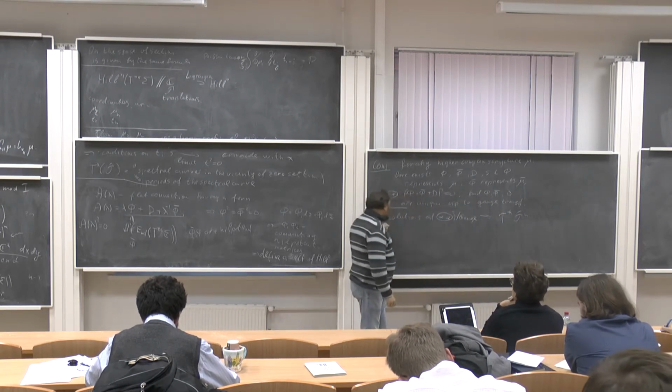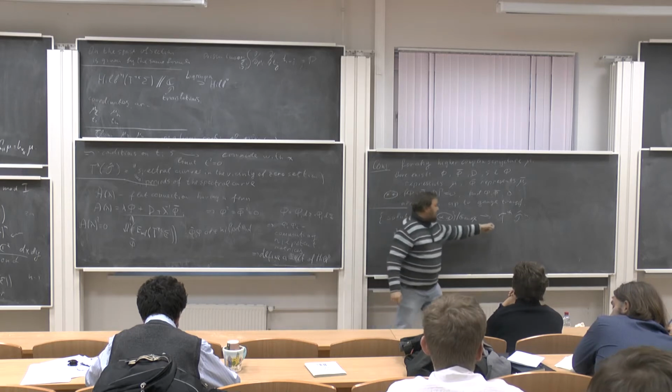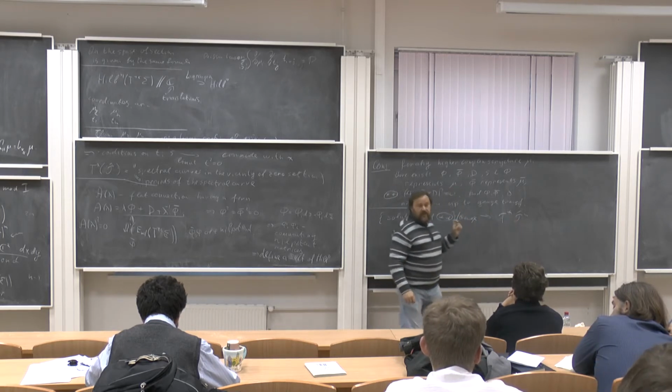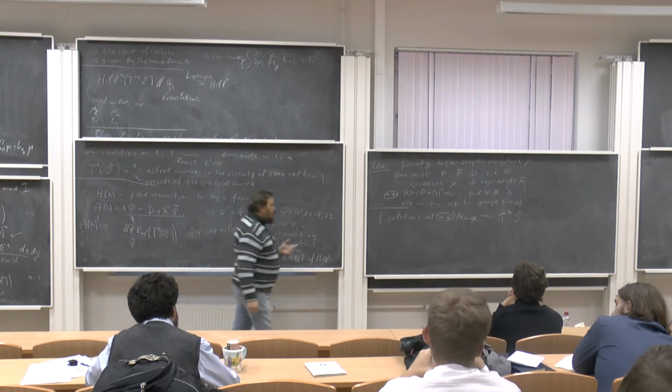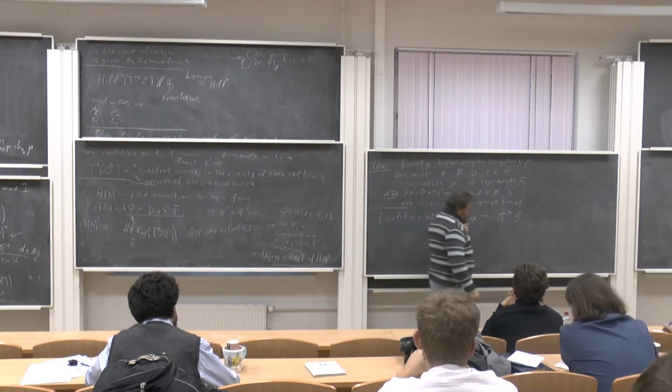So for any solution of this equation, one can associate a cotangent vector to my space, which is an analog of Hitchin's construction.